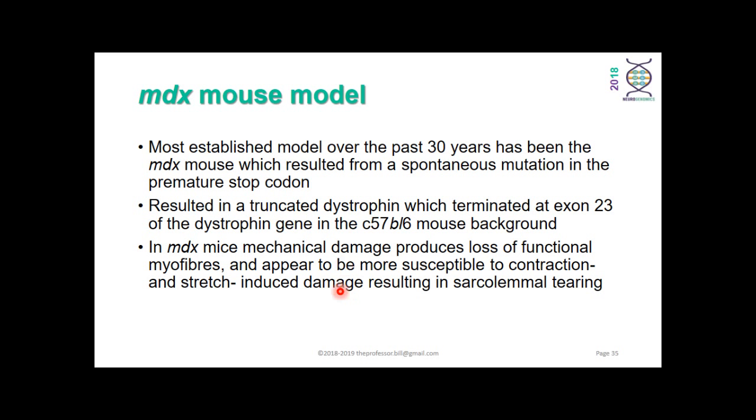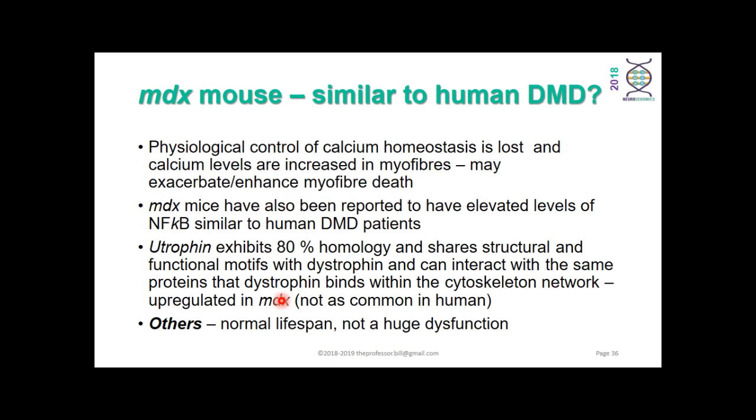It looks very much like if you overuse a muscle and dystrophin isn't there, you will have sarcolemmal tearing and loss of muscle fibers. And this loss will eventually cause inappropriate calcium homeostasis, and this will lead to myofibril death.